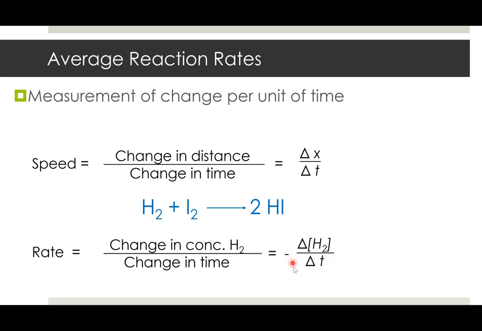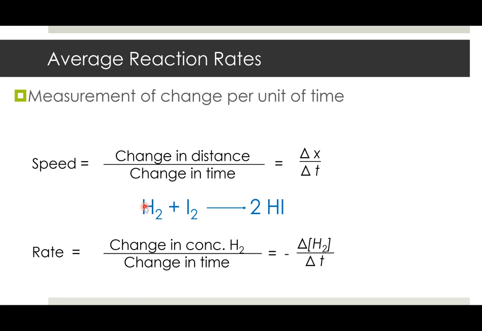Okay. The other thing that you notice here is this little negative sign slipped in, right? So why did that negative sign slip in? Well, the reason that it slipped in is because we're looking at the change in a reactant. So if I have a beaker of hydrogen, a beaker of iodine, and I pour those two into a mixture together, what's the only direction that their concentration can go?